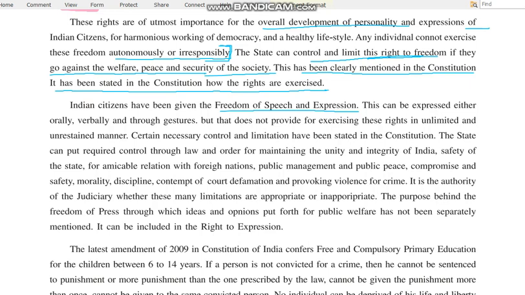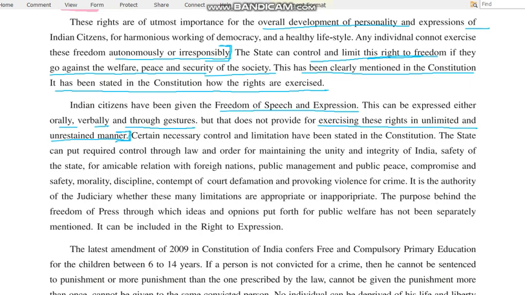This can be expressed orally, verbally or through gestures, but that does not provide for exercising this right in an unlimited and unrestricted manner. You cannot use the right to freedom of speech in an unrestricted manner. There are certain rules and regulations that you need to follow, otherwise you may have problems.